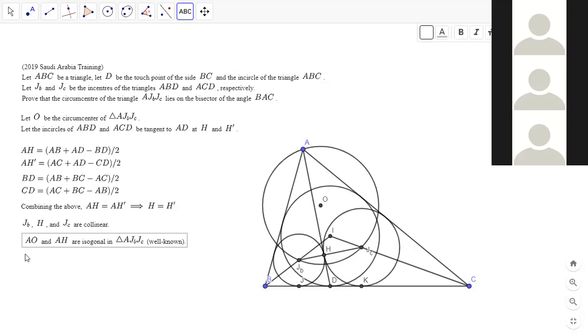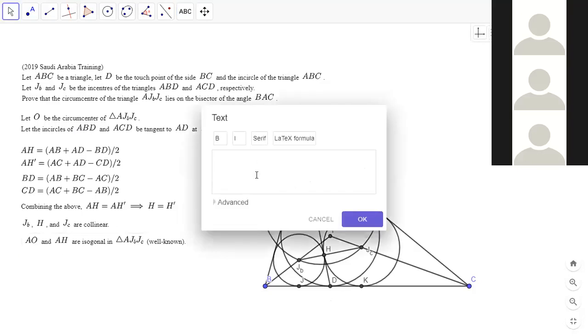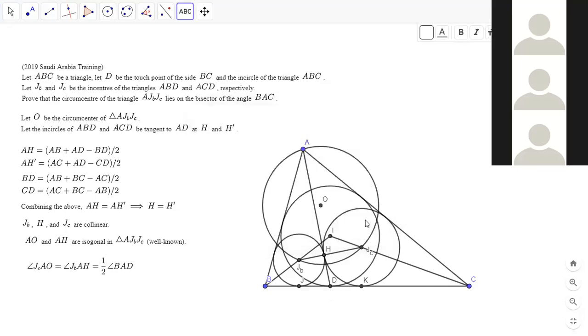So yeah, I'm just going to type them all out right now. So angle JCAO is equal to angle JBAH, which is equal to half of angle BAD. And then we could do the same with JCAI.